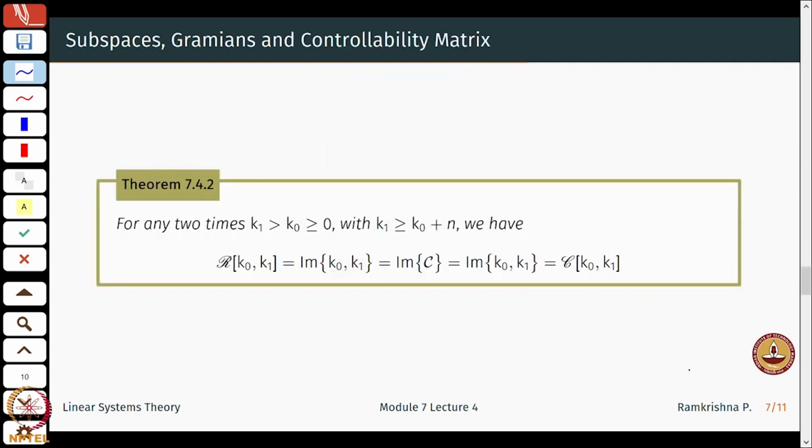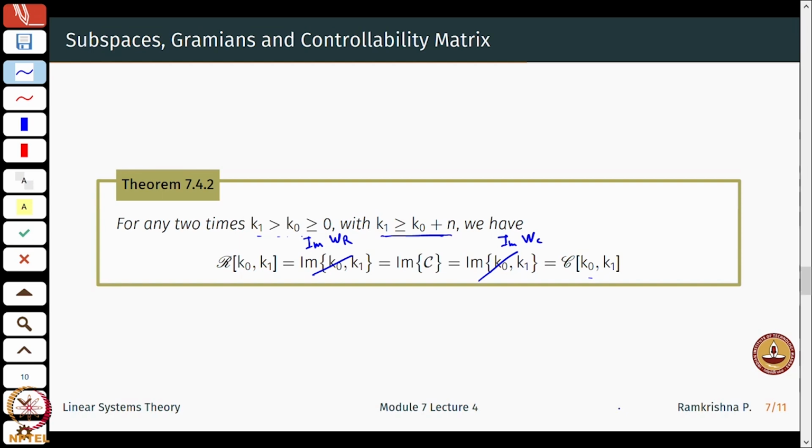Okay. So the next theorem says that, again, given any two time instances with k1 satisfying this, I will tell you why this is important. We have a similar theorem, that the reachable subspace, which is equal to, it should be the image of WR, is the image of C. So this will be the image of the controllability Gramian, which is equal to the controllable subspace.